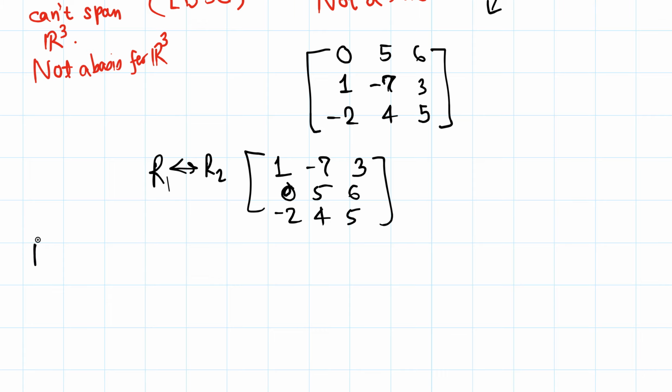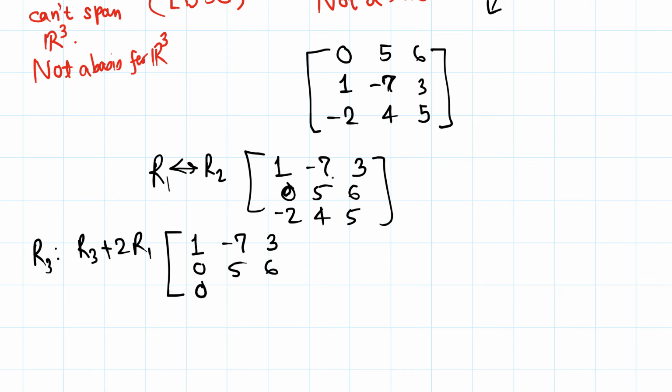R3 plus 2 times R1: 1, -7, 3, 0, 5, 6, 0, -10, 11.